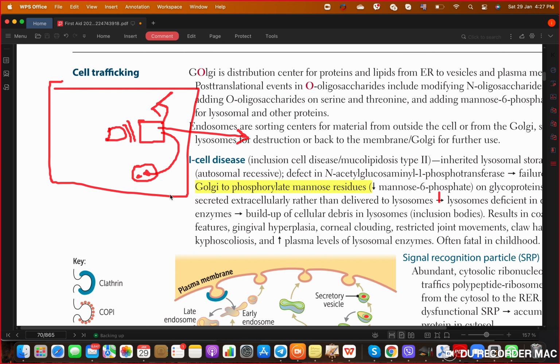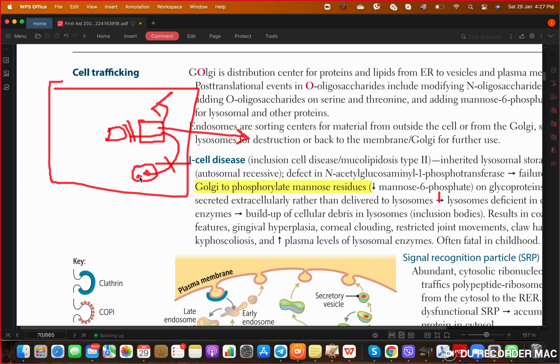In another way, where is the lysosomal enzyme produced? The answer is the rough endoplasmic reticulum, then goes to the Golgi apparatus, but now they cannot make it to the lysosome, correct? Yes, Doc. So if you cannot make it to the lysosome, can you destroy the debris inside of the lysosome? No, Doc. Okay. So what will happen to the debris inside of the lysosome? They will accumulate, yes?